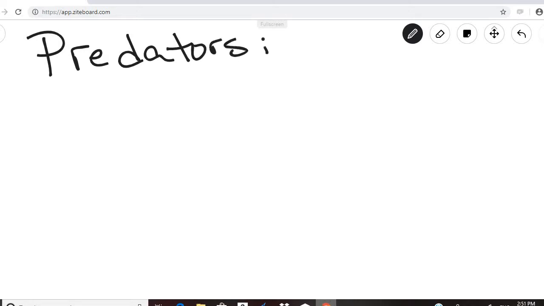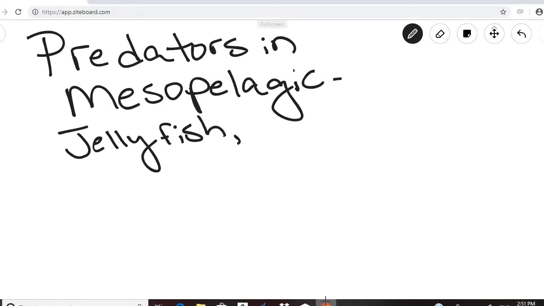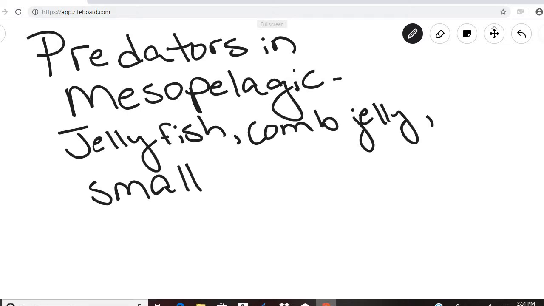In terms of predators within the mesopelagic, some of the predators are very similar to what is in the epipelagic, so you'll get things like jellyfish, comb jellies, small fish, and then two others that I'll show you some pictures of.